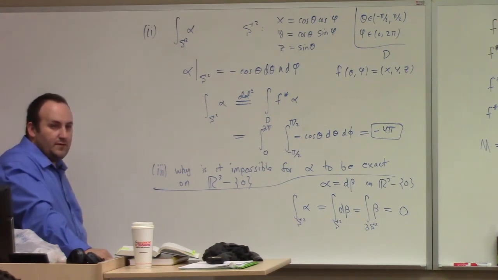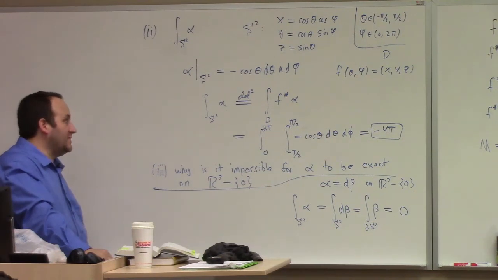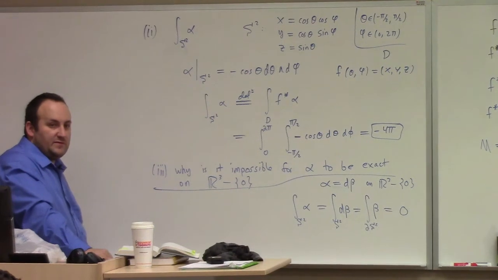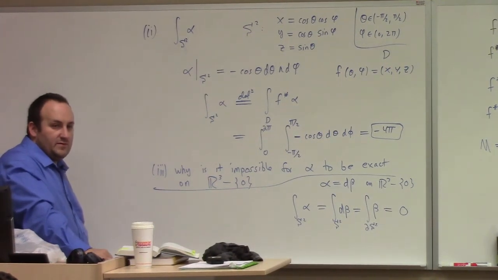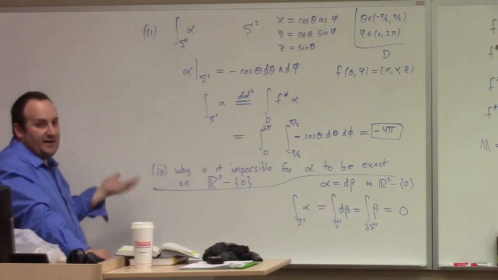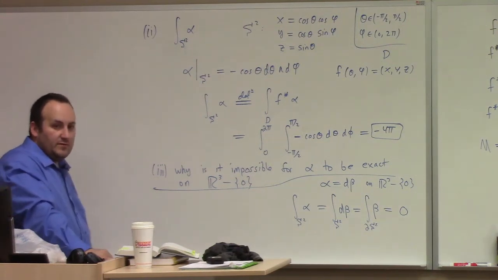So this is a very interesting 2-form for 3 dimensions with the origin removed. This shows that 3 dimensions with the origin removed is topologically different than 3 dimensions without the origin removed. Because this shows that there exists a non-trivial 2-form which is not exact.